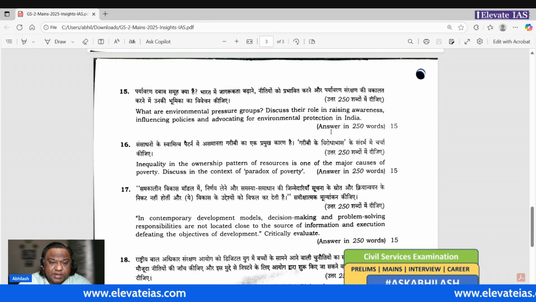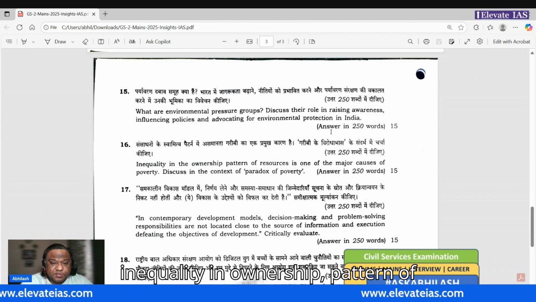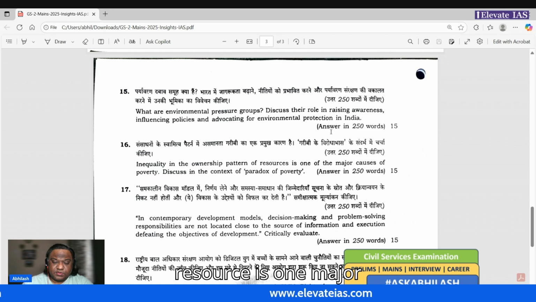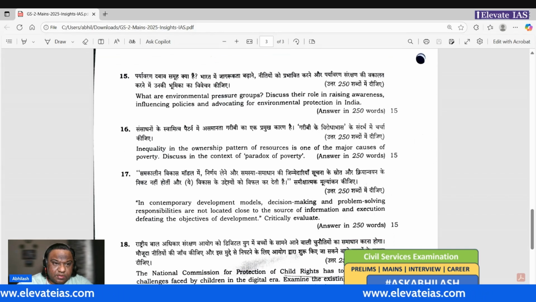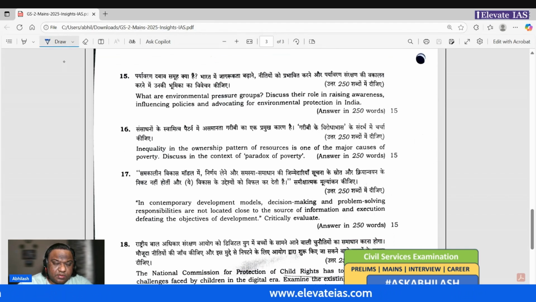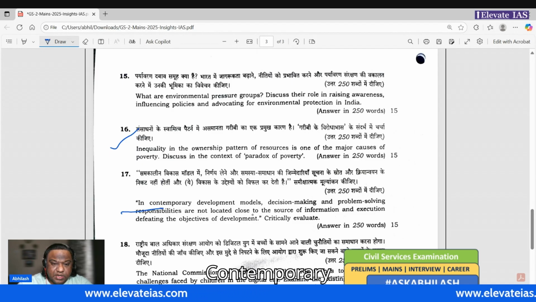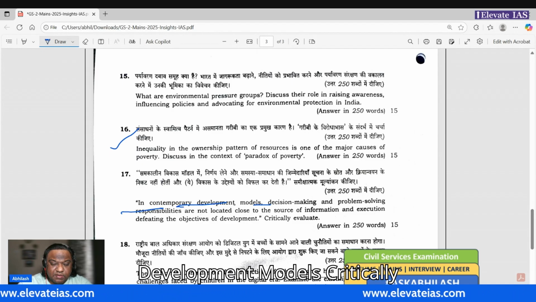And then inequality in ownership pattern of resources as one major cause for poverty. Then contemporary development models to critically evaluate.